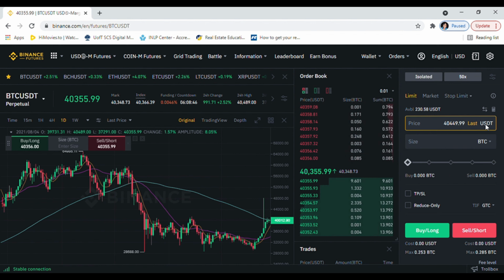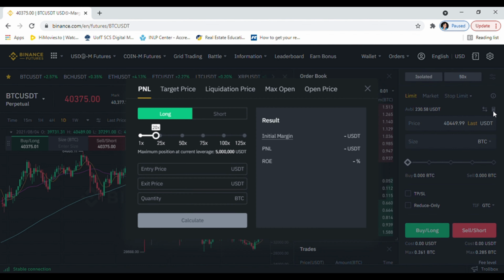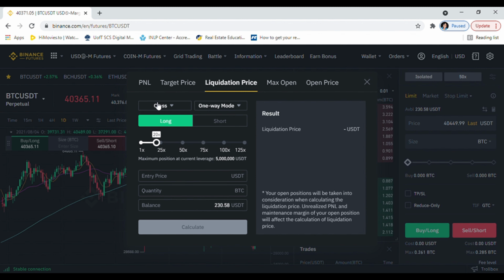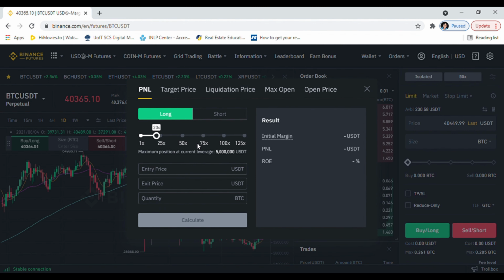Okay, one more thing I'm gonna show you guys. This will be the last thing I show you. So there's a calculator right here where I'm hovering. If you click on that, this is where you can do your calculations for your trade. You can determine what your liquidation price will be. You can determine what your profit will be. Oh my goodness, the calculator is so amazing.